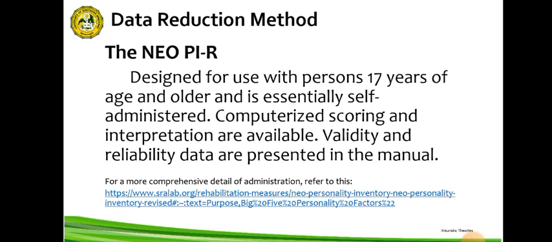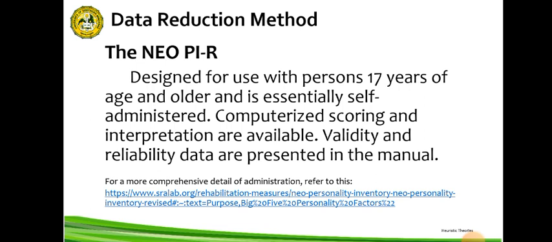Take note that the NEO PI-R is self-administered and is available in two parallel versions. Each version contains 240 items and 3 validity items and requires a 6th grade reading level. Its area of assessment is personality, and the assessment report type comes in the form of patient-reported outcomes.